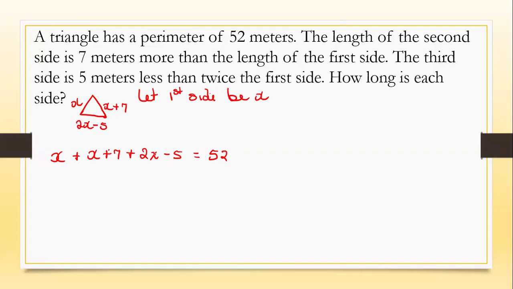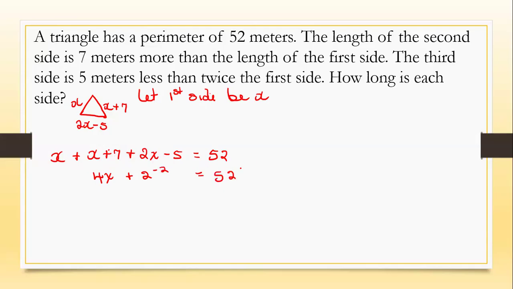Collecting our like terms, we now have 1x plus 1 is 2x plus 2x, 2x plus 2x is 4x. We have positive 7 subtract 5, giving us a positive 2, and that is equal to 52.